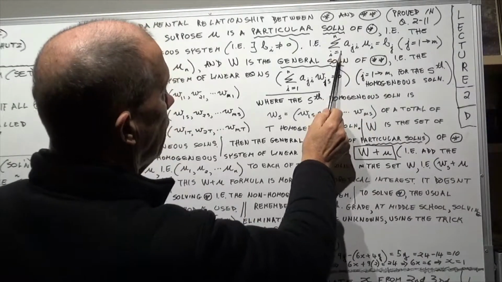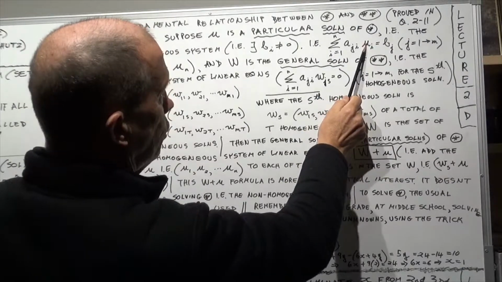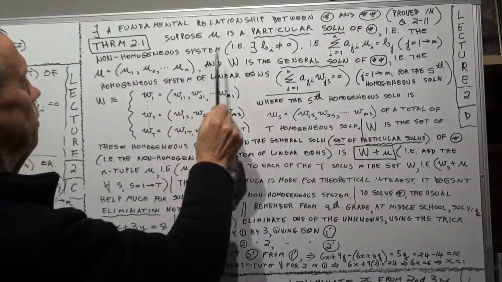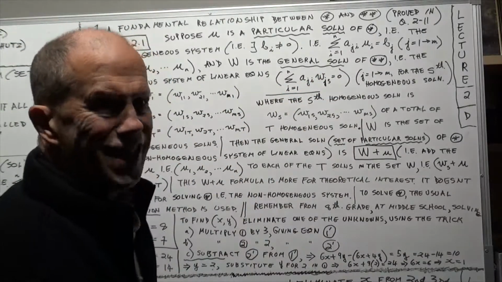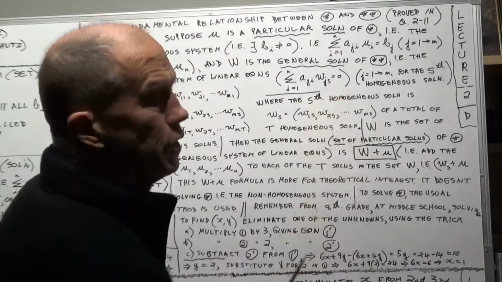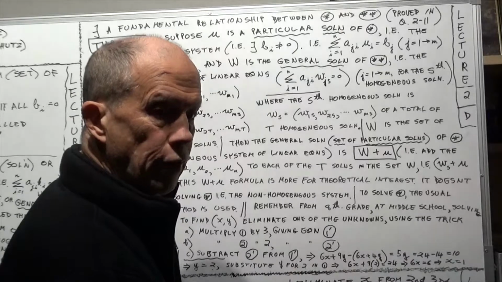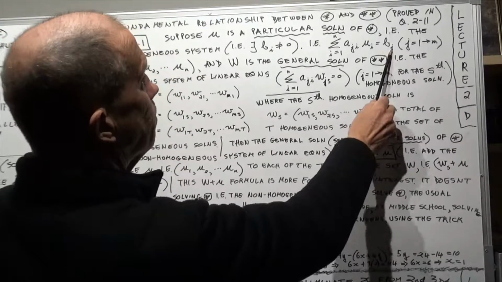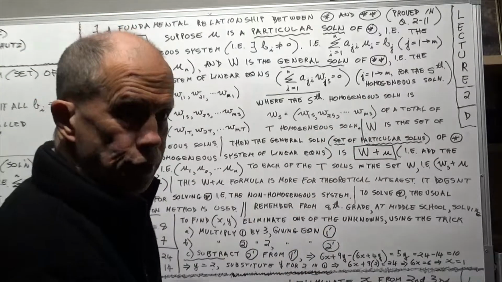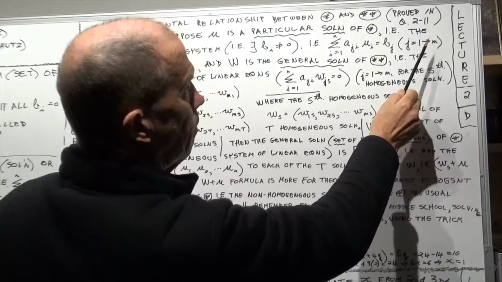So i ranges from 1 to n, so your U, the particular solution, will range from 1 to n. You have n variables, or n unknowns. And these b's here, they're the constants of your equation, and j ranges from 1 to m.